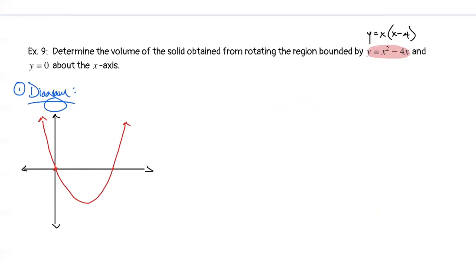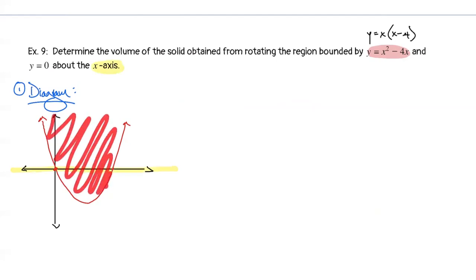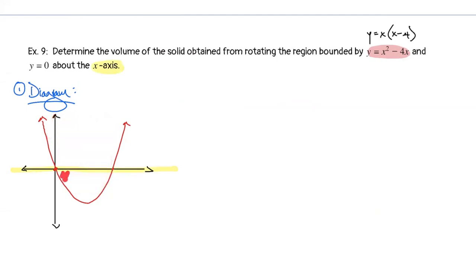Now I have my axis of revolution. I like to sort of get that in there, all right? And what is the area that we're revolving, right? It's not all of this, but rather it's just the piece here. And so we almost have like a secret top function, if you will. That is that y equals 0.